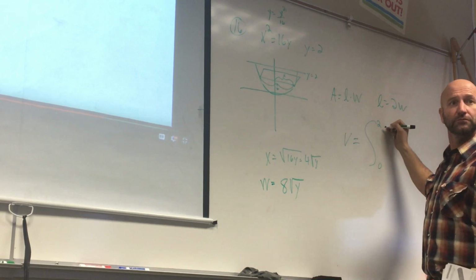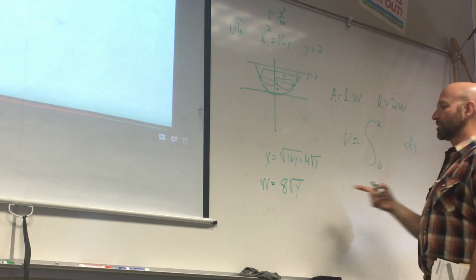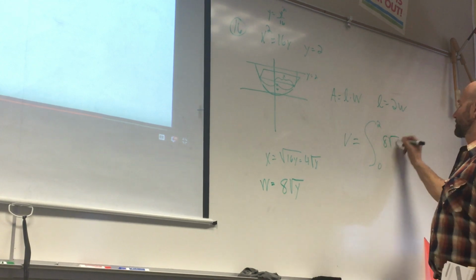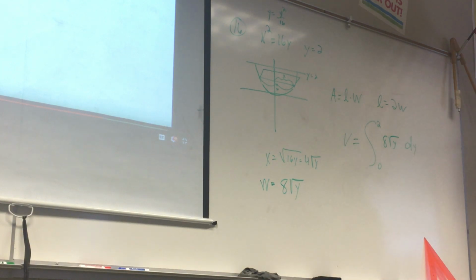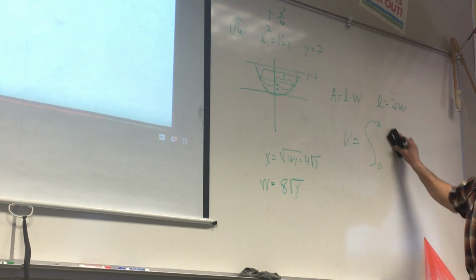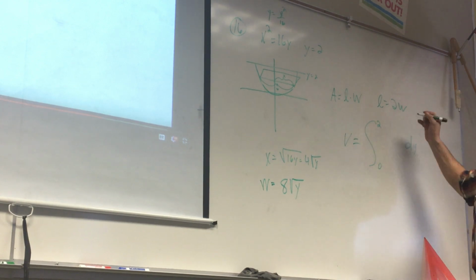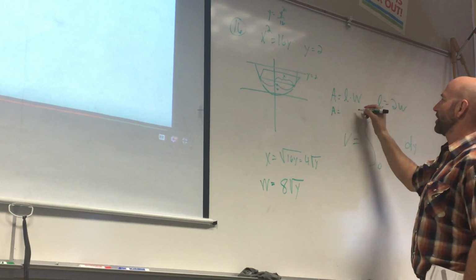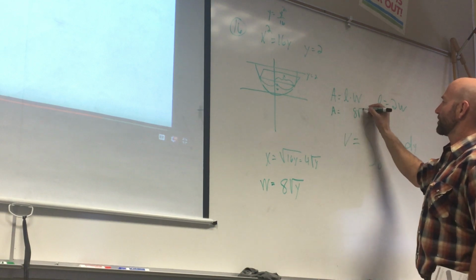0 to 2 dy. And what am I going to integrate? 8 square roots of y. The area. Oh, my bad. That's not the area. What is the area? Area is equal to L times W. What did we say W was? 8 square roots of y.